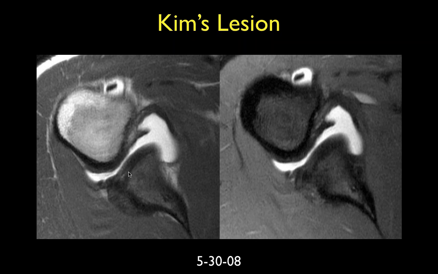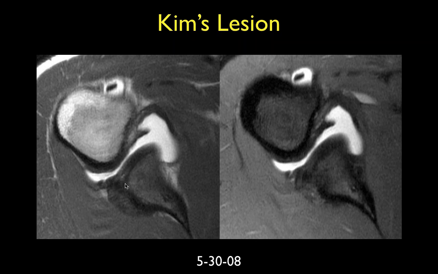This turned out at surgery, this posterior inferior labrum was very soft. If you pressed on it, it would just give way. And this patient had a history of instability here. And this is called a Kim lesion. It's really an injury to the undersurface of the deep part of typically the posterior inferior labrum.